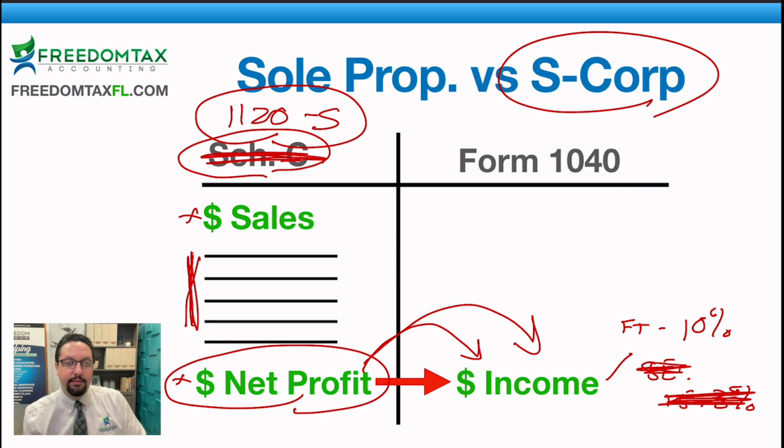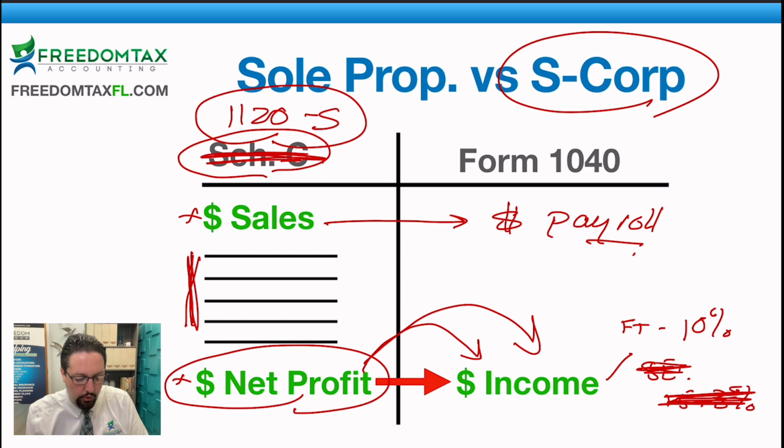And also, the requirement for the S-Corp is that you need to pay yourself under payroll, meaning paying a payroll service, and every 3 months sending a payroll tax report and payroll tax payment.